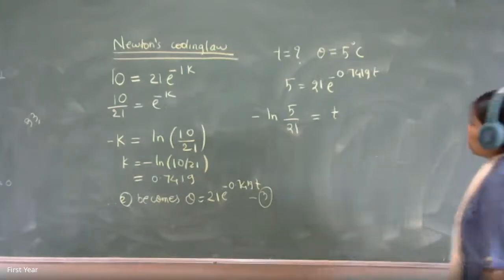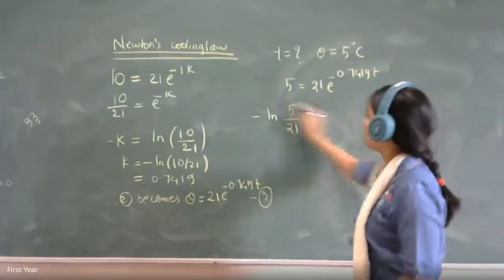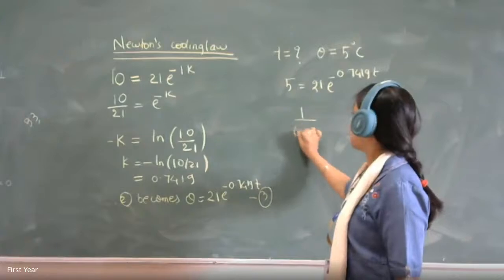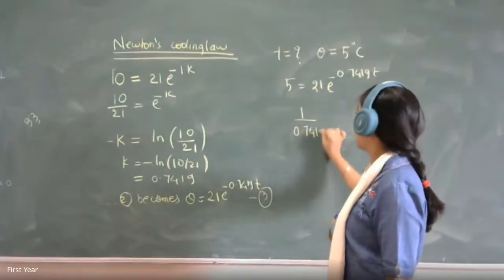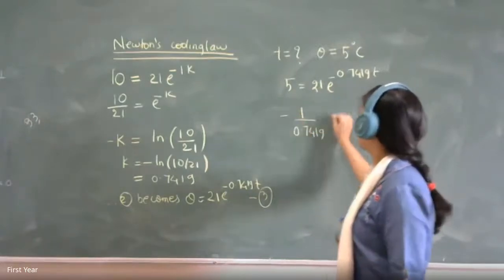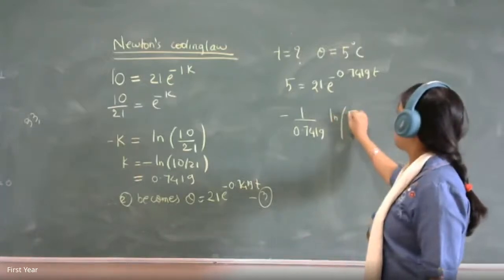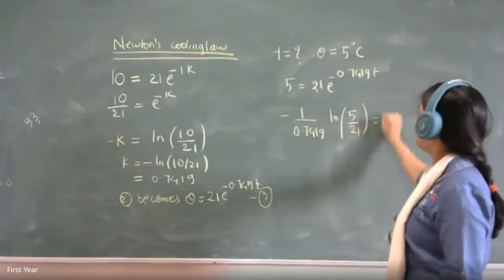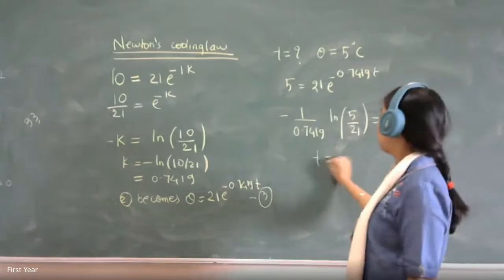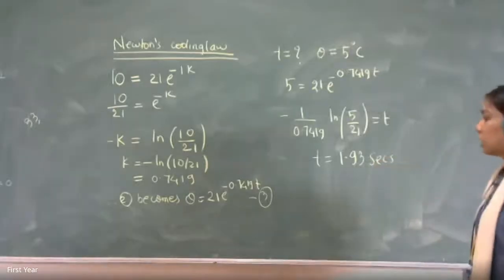Divide by 0.7419, and minus ln of 5 by 21 gives 1.934. So t is 1.93 minutes.